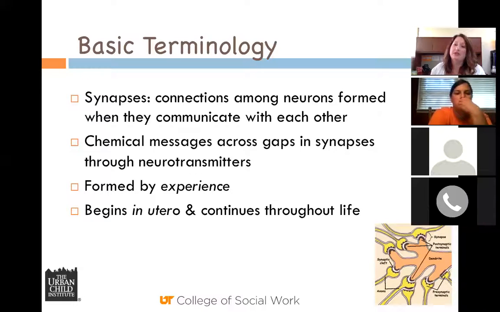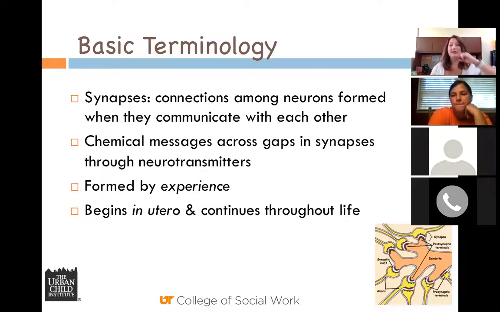That communication happens through the release and uptake of those neurotransmitters. Again, I don't want to spend too much time on that. Taylor talks about it for a few minutes in more detail, how chemical messages cross over the synaptic cleft and get taken up by the other part of the cell.